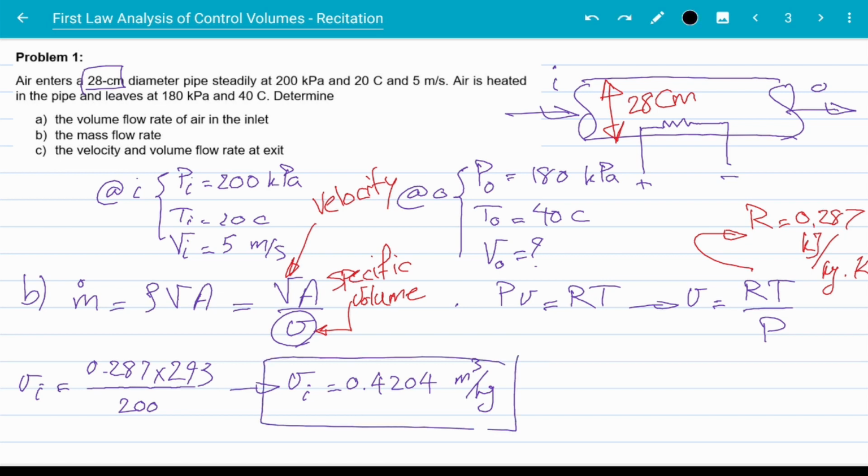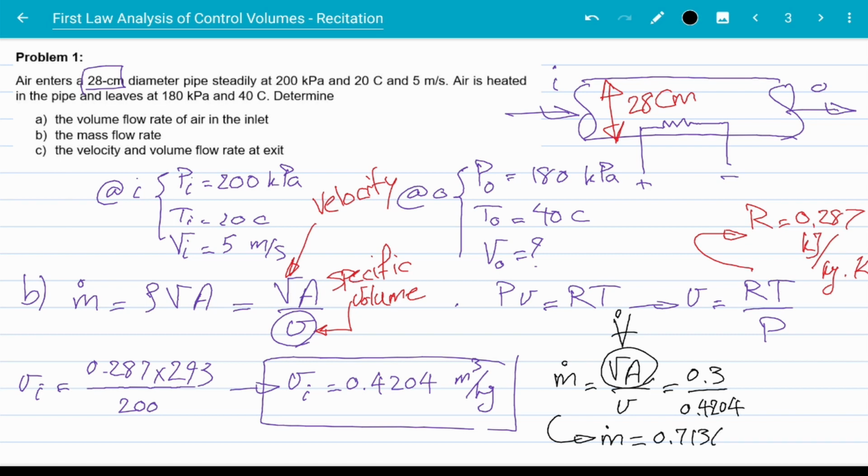Now I can say m dot is velocity times cross-section area over specific volume. Now velocity times cross-section area, we already know, is the volumetric flow rate. So the volumetric flow rate at the inlet we already know is 0.3, and the specific volume is 0.0204, which will give us m dot is 0.7136 kilograms per second.